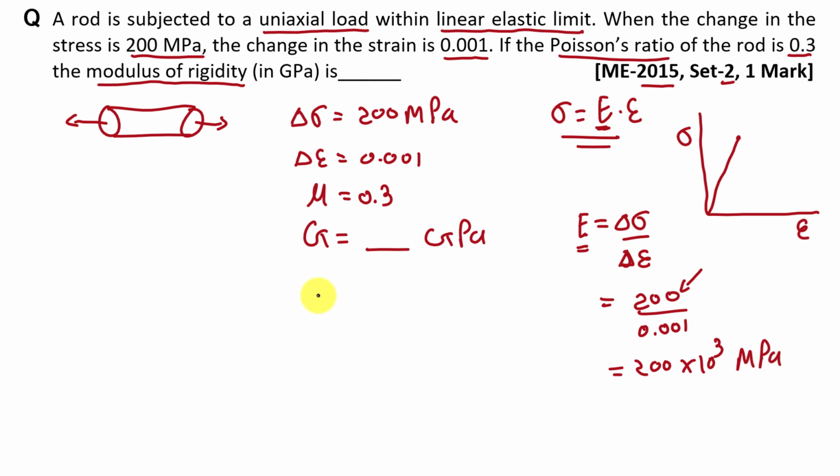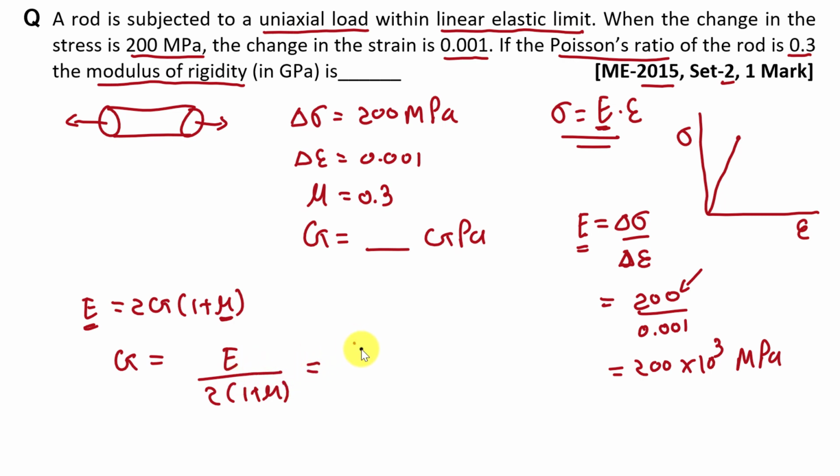Now we also know the relationship between G, mu and E. We know that E is equal to 2G into bracket 1 plus mu. And here we have value of Young's modulus and we have value of mu. So from here we can find out value of G, that is modulus of rigidity. It will be E divided by 2 into bracket 1 plus mu.